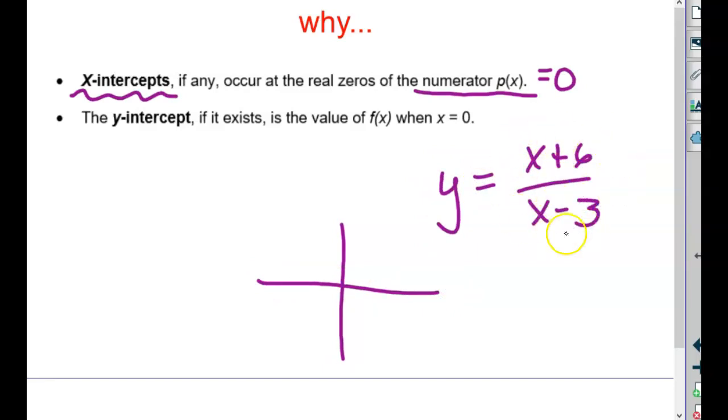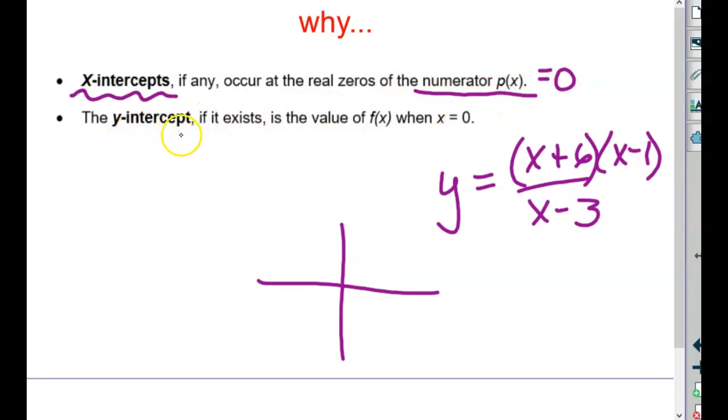The only number that's going to make this 0 is negative 6. Does everybody see that? Because you'd have 0 over negative 9, which is okay. The top has to equal 0. If I put another function up here, now negative 6 and 1, okay, are zeros. They're not asymptotes, they're zeros when the top equals 0.